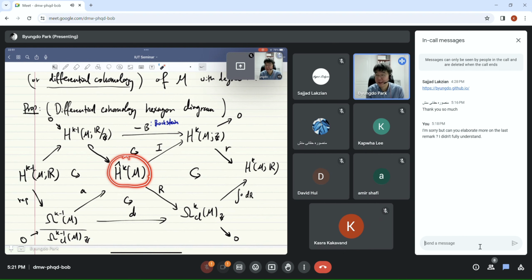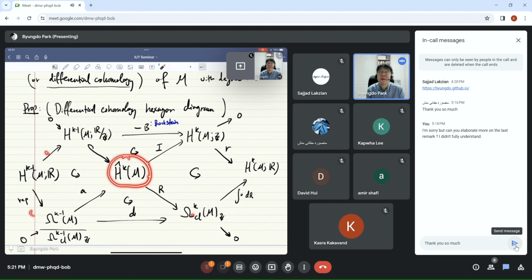That's the statement. So if you suppose there exists another group that fits in here, having these corners and commutative diagrams, then they must be naturally isomorphic.